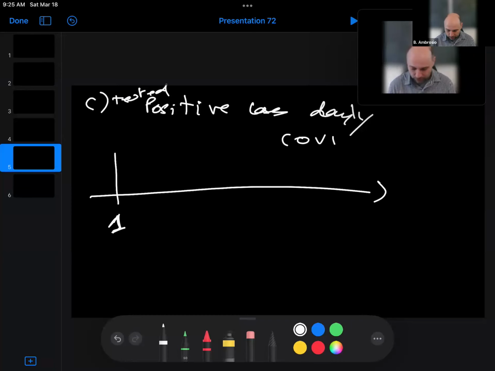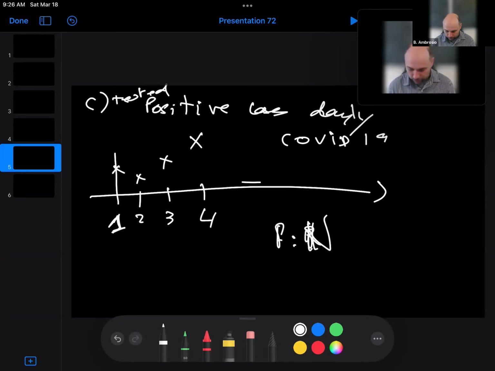Then you have day 2, day 3, day 4, and then you have each day this kind of number, and this is a function. We all saw these curves about daily cases in the news. So that's a function. But actually, if I took this representation, f is not from R but from N into N.